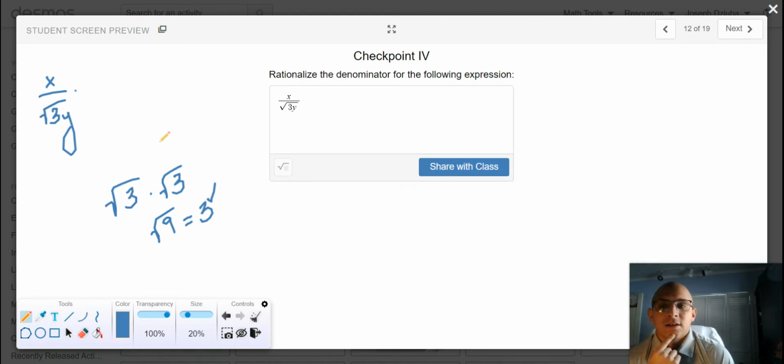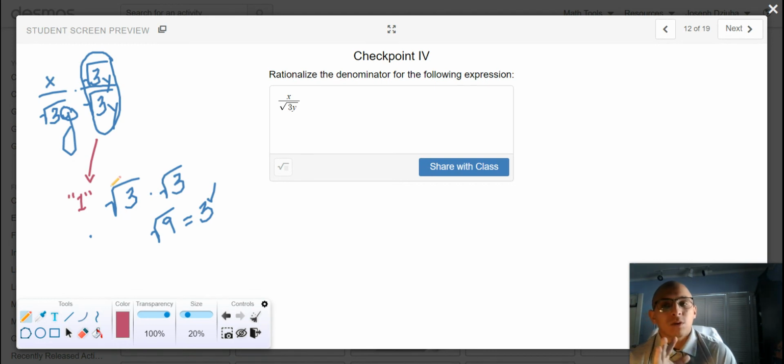So part of my multiplication will be a square root of 3. However, there's also an additional factor, so I want to include that as well. However, remember, we need to multiply by both that term in the numerator and the denominator. And the reason why we do that is because if you think about it, this expression here, if we were to simplify it, it really is nothing more than an algebraic 1.